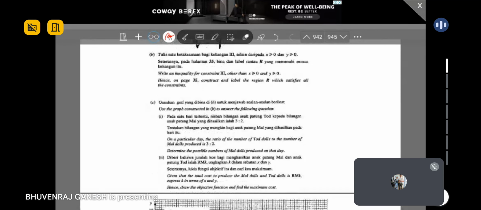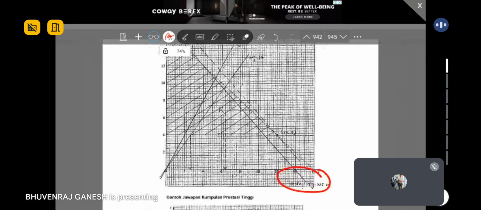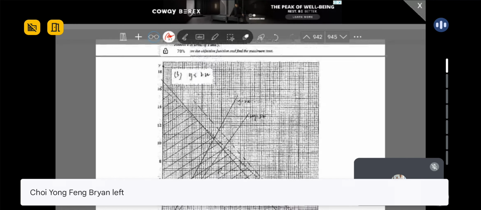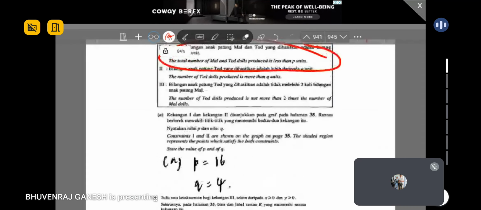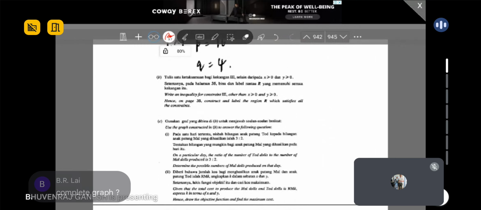They already shade it, this is how they give the question, so you no need to shade. If you refer to your graph, you will get P equal to 16 and Q equal to 4.